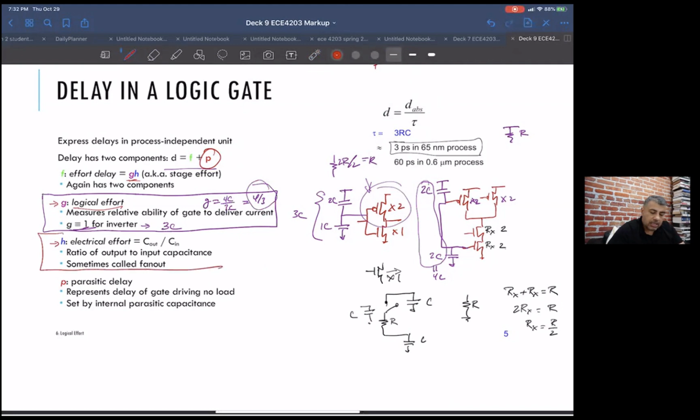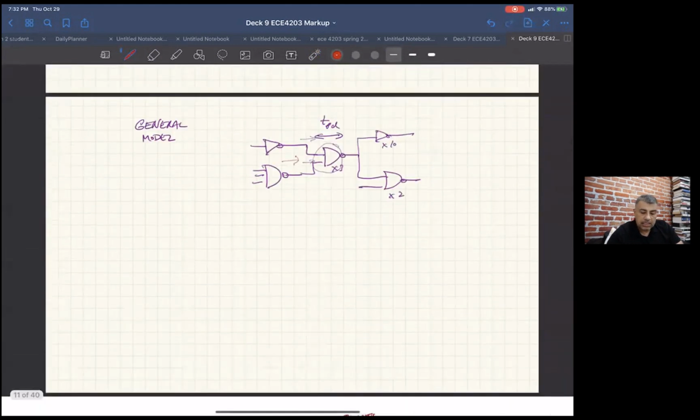And this is just the ratio between what you're driving and your own input capacitance. So basically, you're looking at the total input capacitance that you're driving compared to your own input capacitance. Because of the way we're sizing our logic gates, our input capacitance gives an indication of the drive that we have.